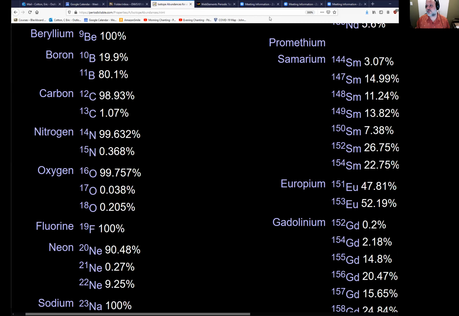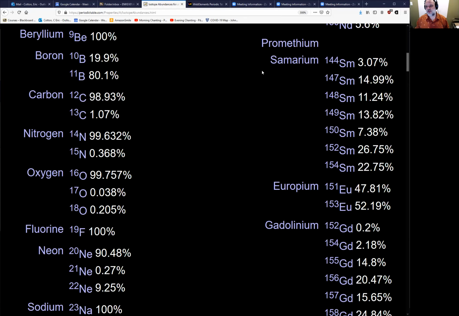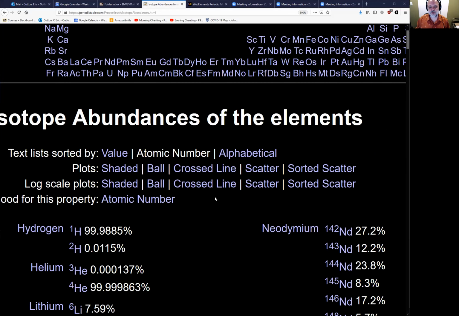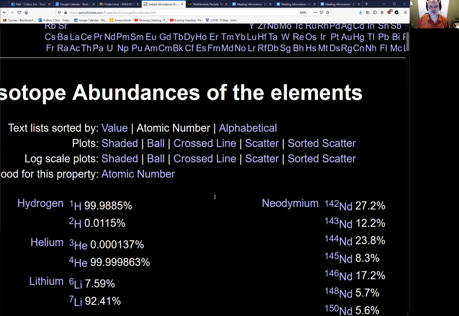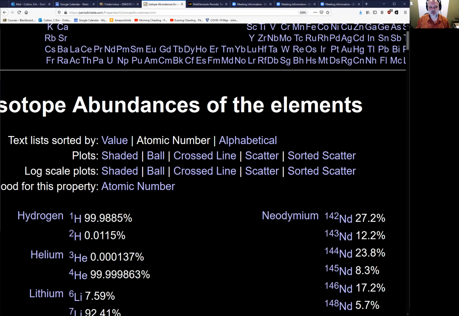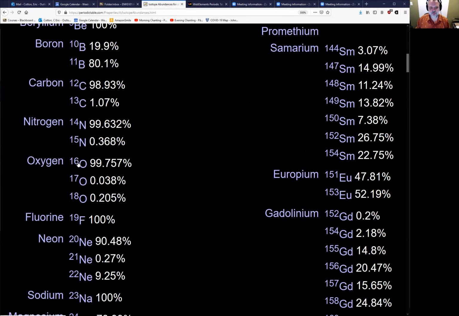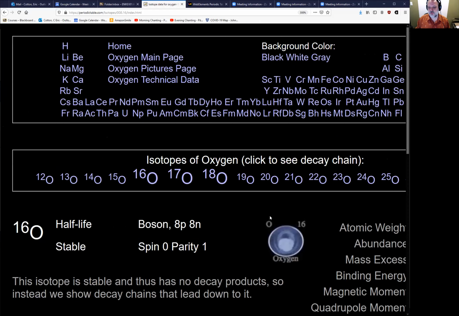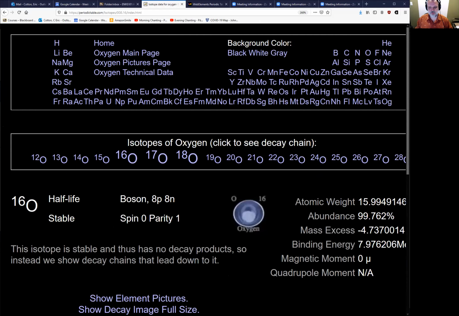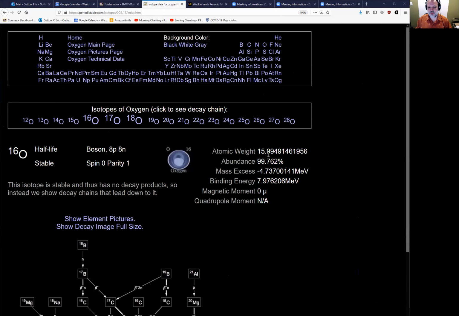So I looked up some abundances of different elements, and you'll see that the abundances are listed in percentage form. And so this is just from periodictable.com, shout out, of these different formulas. If you click on it, you should be able then to look at the individual element, and then you can actually see the mass of that particular isotope.